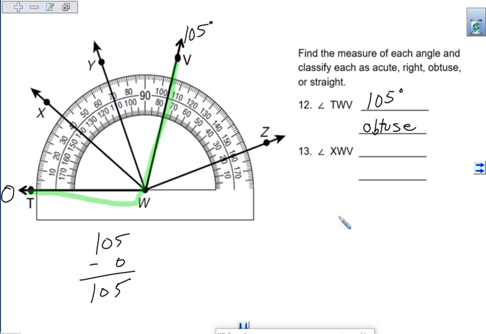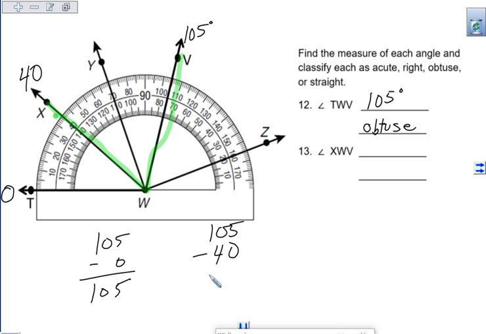And next up, angle XWV. So we already know where ray WV is at. Where is ray WX at? 40. And then what are we going to do with those two numbers?